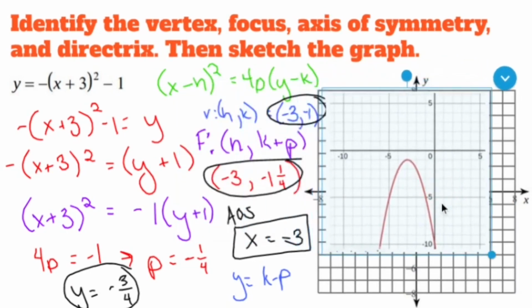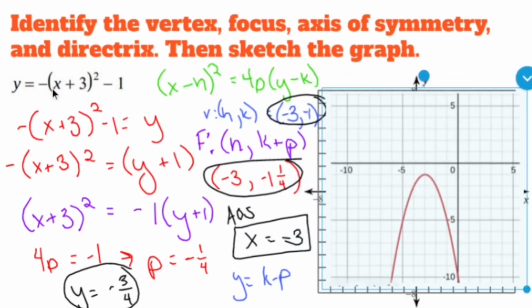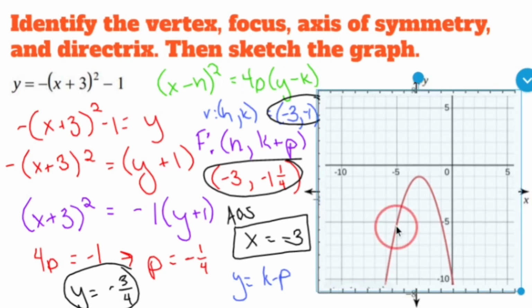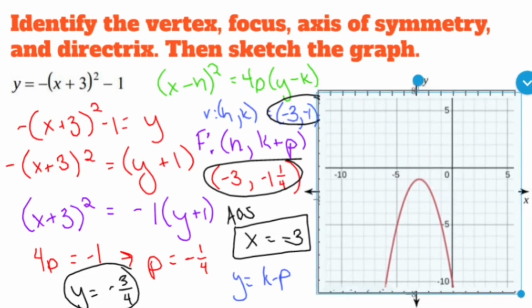All right. So, why is it upside down? Because this is negative. That's thing number one. Okay, let's label this picture a little bit. My vertex is negative 3, negative 1. So my vertex does live right there.